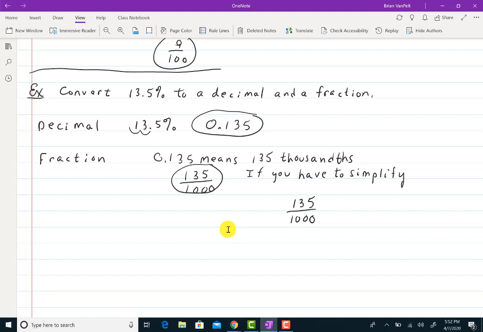I would start with dividing by 5. 5 goes into 135 27 times, and it goes into 1,000 200 times. So the simplified version of this is 27 over 200. And notice that since the only thing that goes into 27 are 3s and 9s, none of those things go into 200. It's in simplest form. So either one of those should be fine, just depending on what your instructor asks you to do.